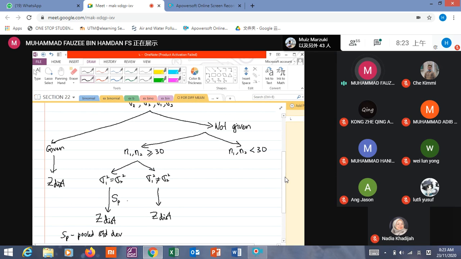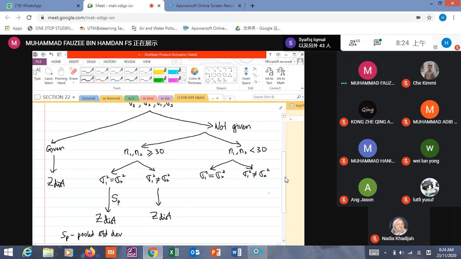This is the case when the size of the sample is greater than 30. If the size of the sample is less than 30, you need to ask yourself again whether there is an assumption, or any test that shows the variances are equal. If there is no assumption and no test showing the variances are equal, we always assume the variances are not equal.